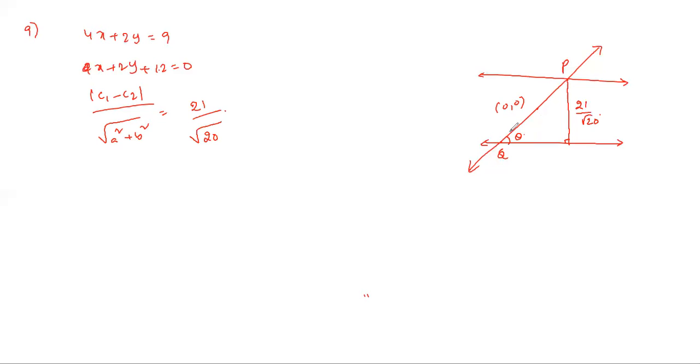The PQ length we don't know, the slope we don't know. How to get it?